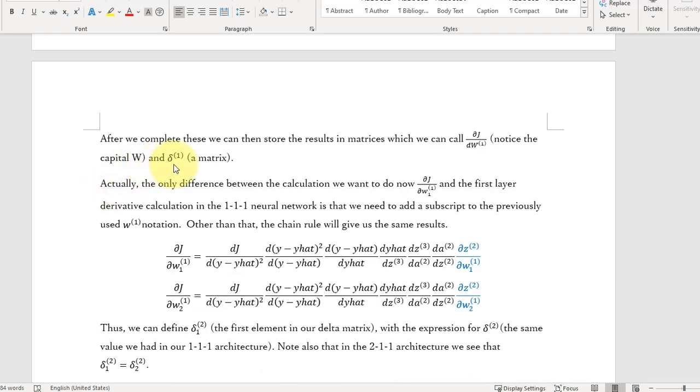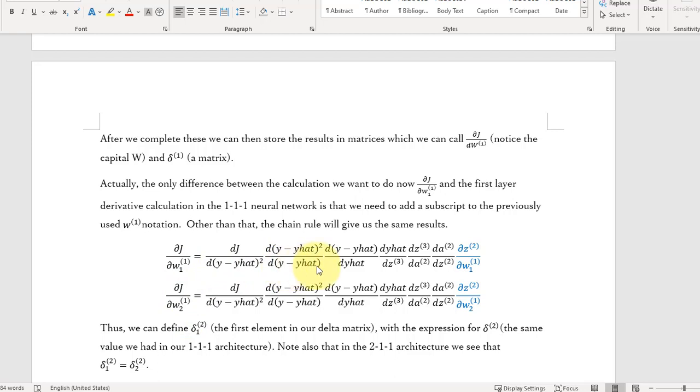So actually the only difference in the calculations that we want to do now in the first layer, compared to the first layer of the calculations in 1-1-1, is that we need to add a subscript to the previously used W1 notation. So here we have the partial of J with respect to, before we just had this, now we have to put that 1 there, and this 2 here.